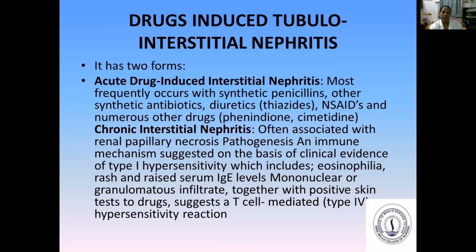Chronic interstitial nephritis is often associated with renal papillary necrosis. Regarding pathogenesis, an immune mechanism is suggested on the basis of clinical evidence of type 1 hypersensitivity, which includes eosinophilia, rash, and raised serum immunoglobulin E levels. Mononuclear or granulomatous infiltrate together with a positive skin test to the drugs suggests a T-cell mediated type 4 hypersensitivity reaction.